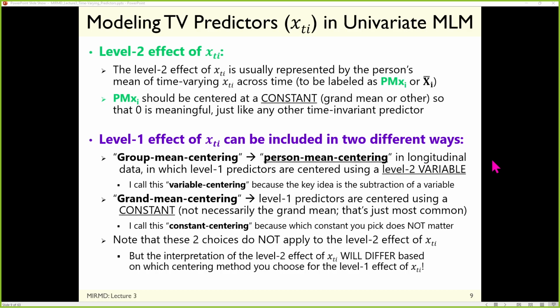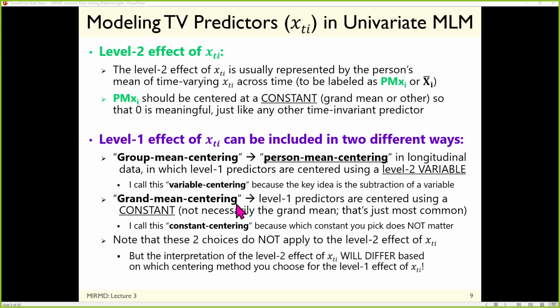What we're going to do, I'll show the notation in just a second, is subtract a variable, the person's mean, from the level 1 observed time-varying predictor and put that in the model instead. So I tend to shortcut all of these different permutations of the name with just variable centering, because the key idea is that we are subtracting a variable and not a constant.